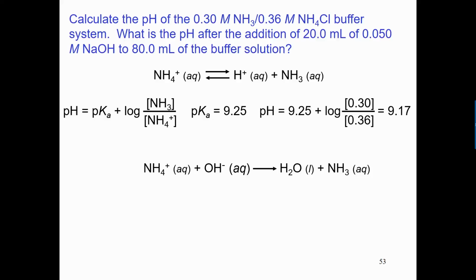What is the initial concentration of NH4? Okay, it was 0.36, but now that I added 20 milliliters, it went from 80 to 100. How do I find dilutions?